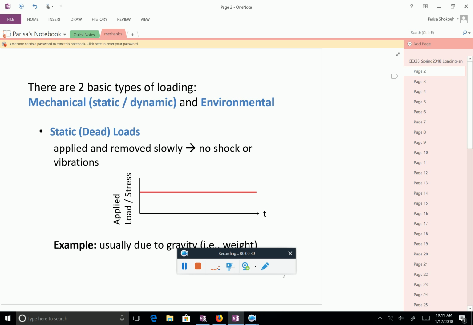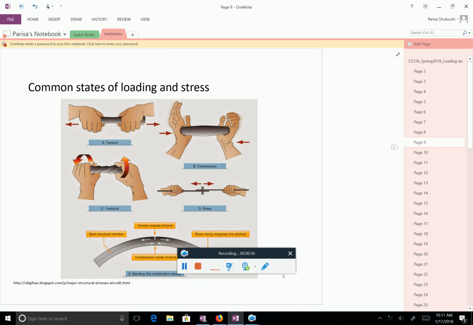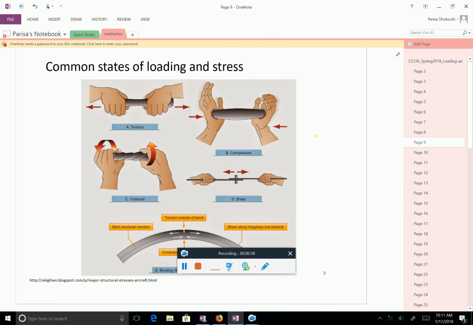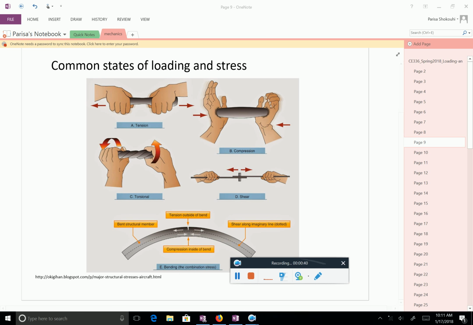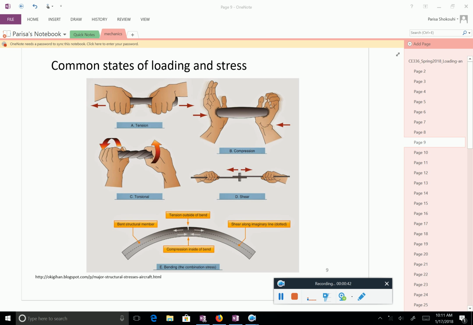And we talked about static and dynamic loading. And the focus here, basically for this review, is the mechanical loading. And I think this is where we stopped last time. Let me consider different types of loading, mechanical loading.